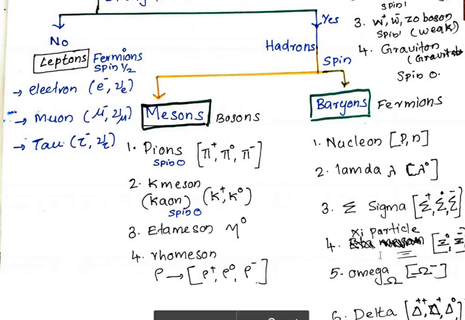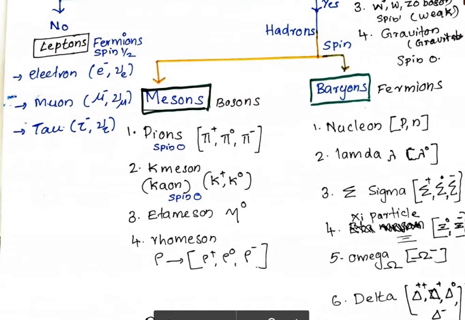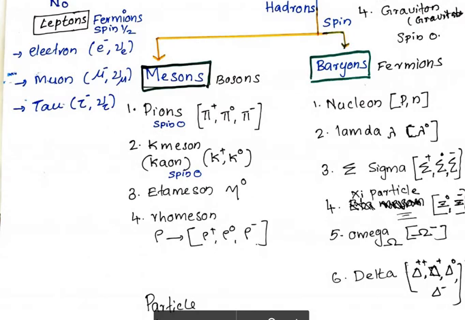The omega particle has only a single member, omega minus, and the delta particle has 4 members in this family: delta double plus, delta plus, delta 0 and delta minus. These are some baryons. The group is not complete. A lot of baryons are present in matter or in the universe. We will study some of them.